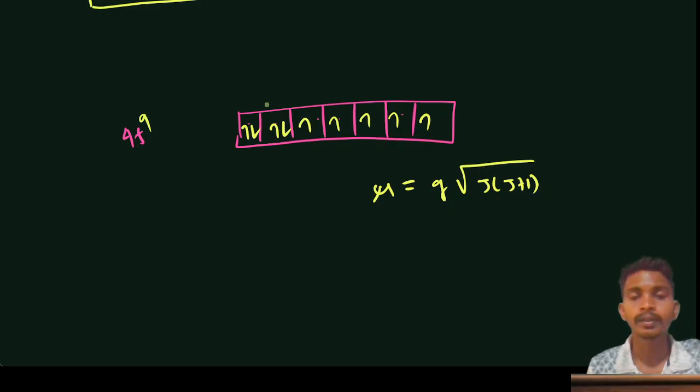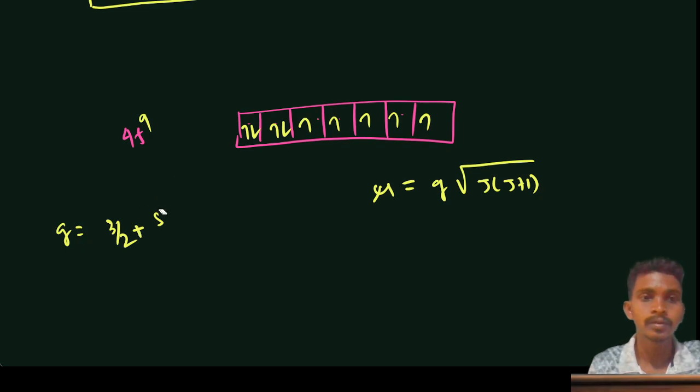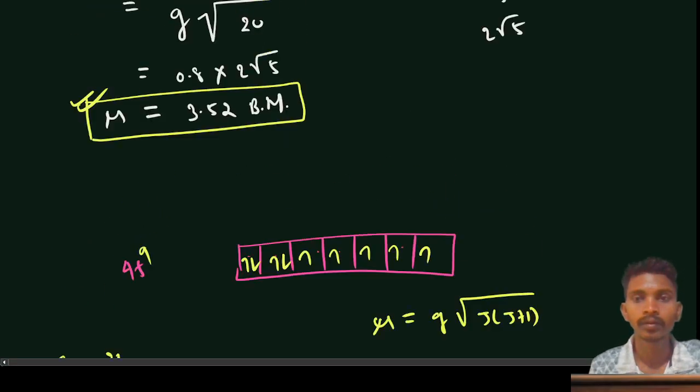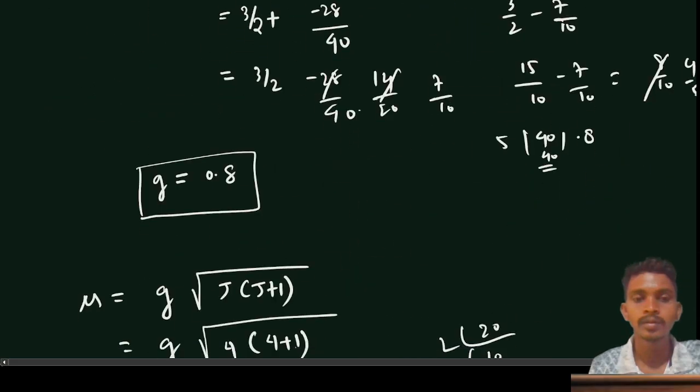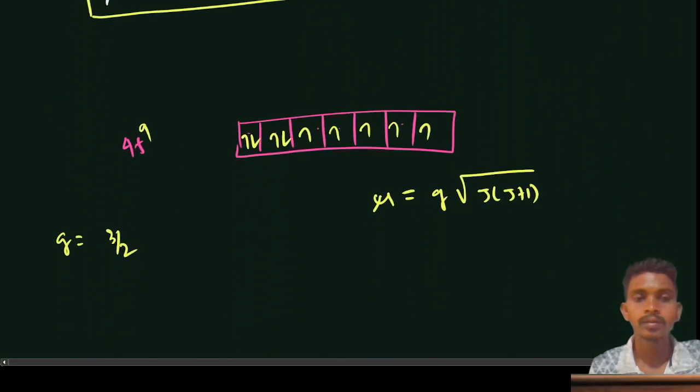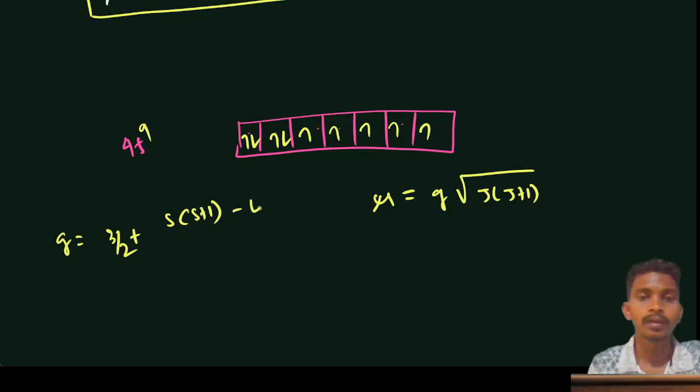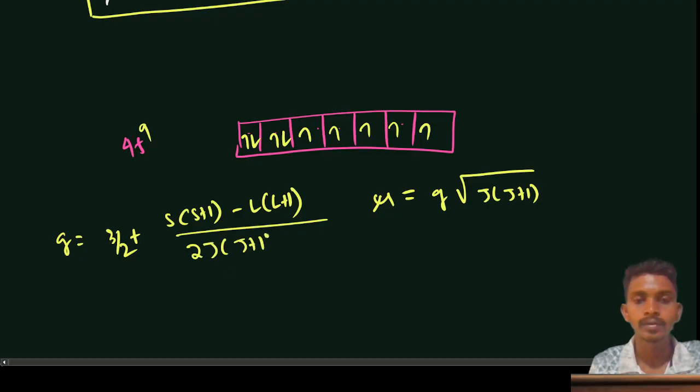First we will calculate the g value, and g value is 3 upon 2 plus S(S+1) minus L(L+1) upon 2J+1.